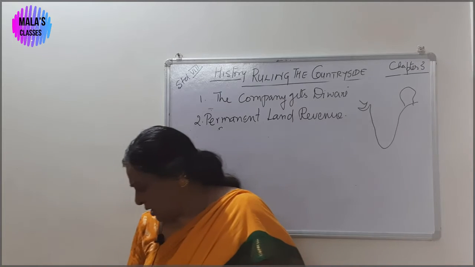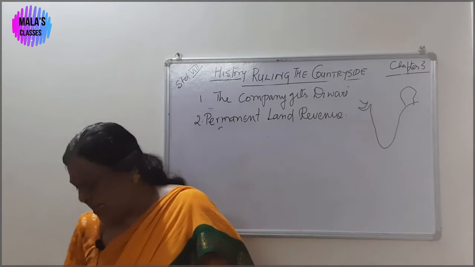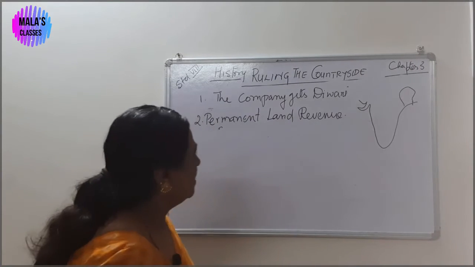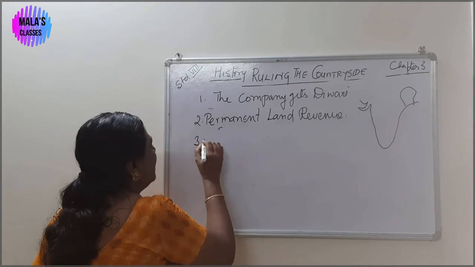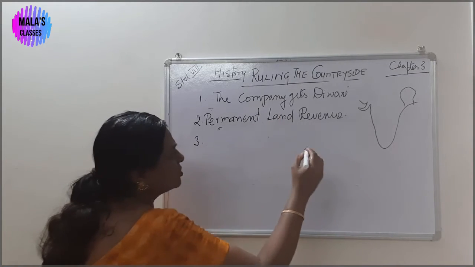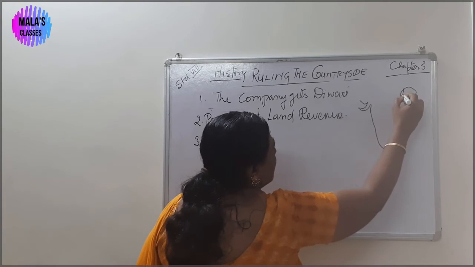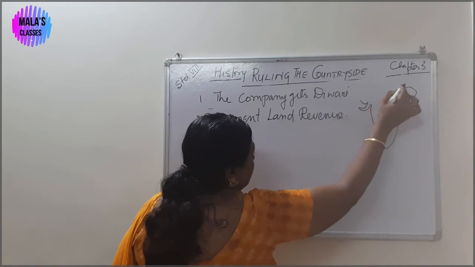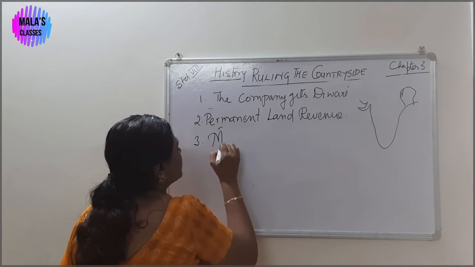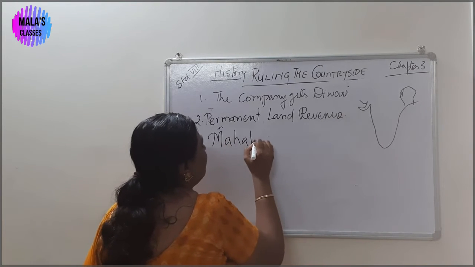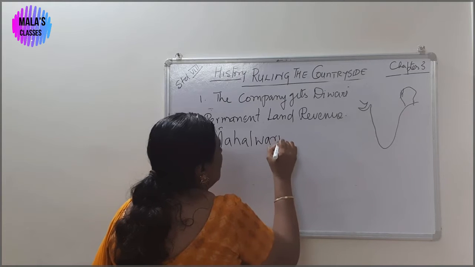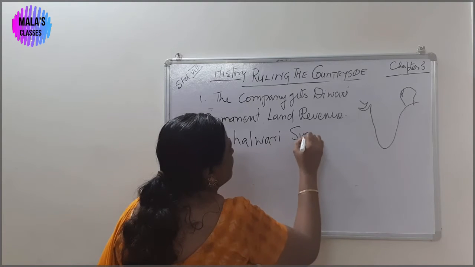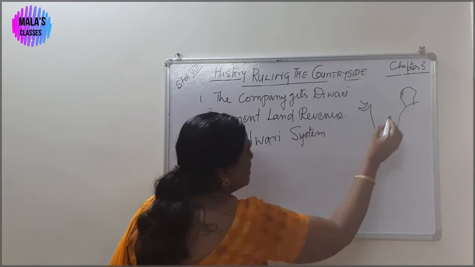Having said this, now that the permanent land revenue system had failed, they came up with another idea. They said, all right, now we come up with another method by which let us collect money. So in the north-west side of UP, they started what was called the Mahalwari system. What was this Mahalwari system?